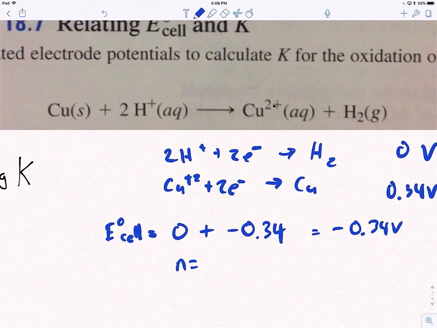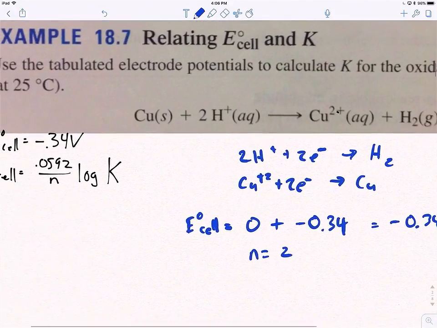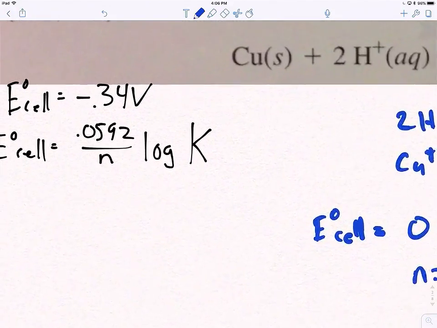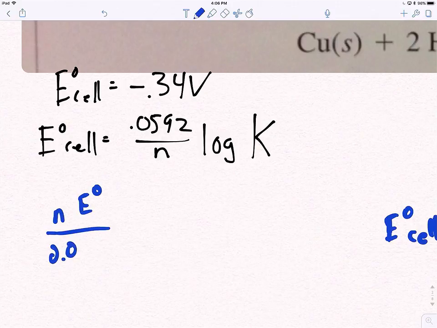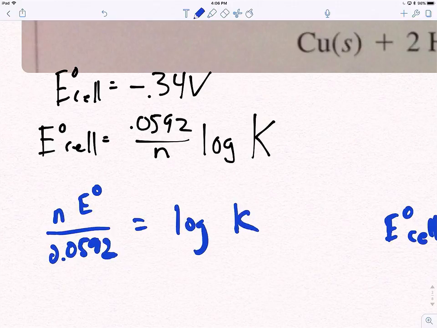Yeah, N equals 2. So we've got to solve for K. N times E0 all over 0.0592 equals log base 10 of K.